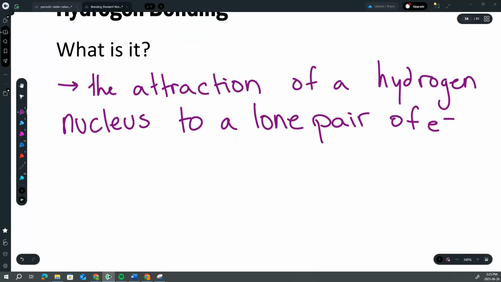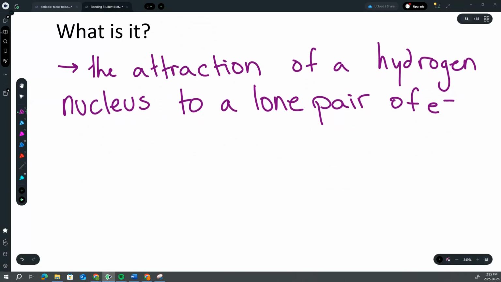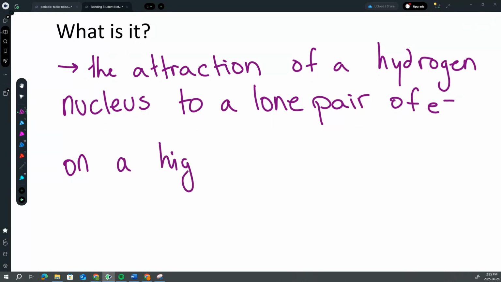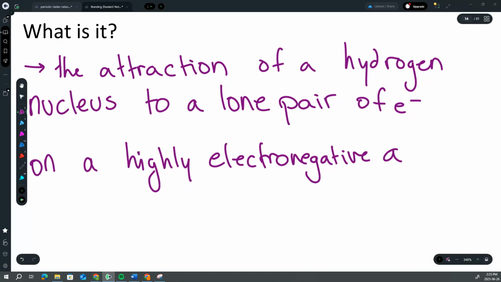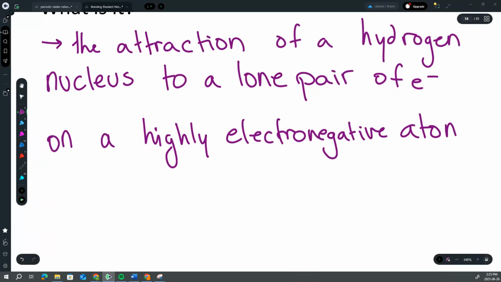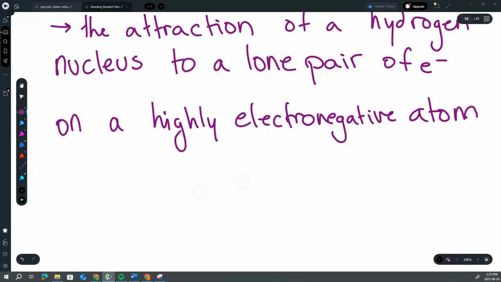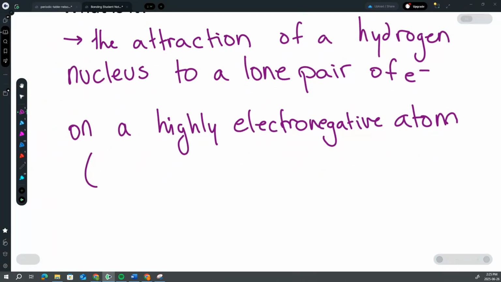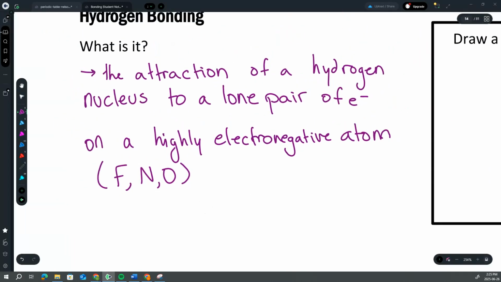So the attraction of a hydrogen nucleus to a lone pair of electrons on a highly electronegative atom. So this has to be either fluorine, nitrogen, or oxygen.